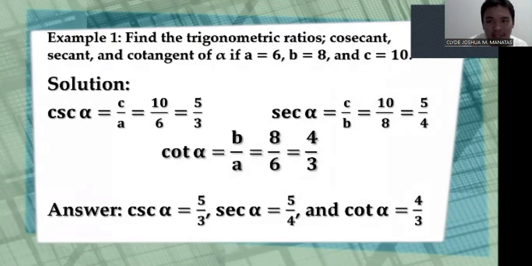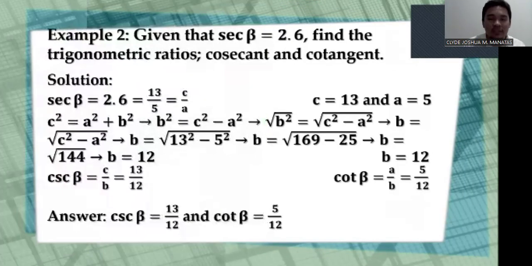Now, what if I only give one trigonometric ratio? So this is the example. Given that secant beta is equal to 2.6, find the trigonometric ratios cosecant and cotangent.